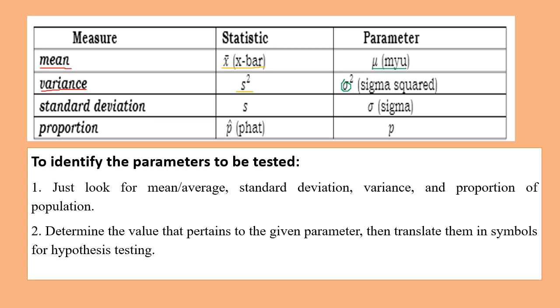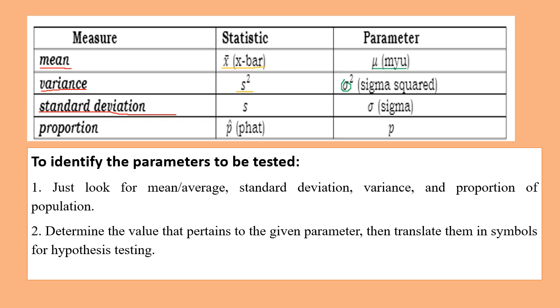For standard deviation, in statistic we have the symbol S, and in parameter we have sigma. Proportion in statistics is what we call p hat, this is how it is pronounced, and in parameter we have the symbol p.